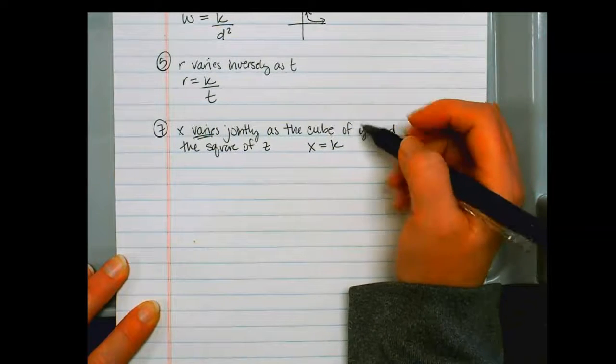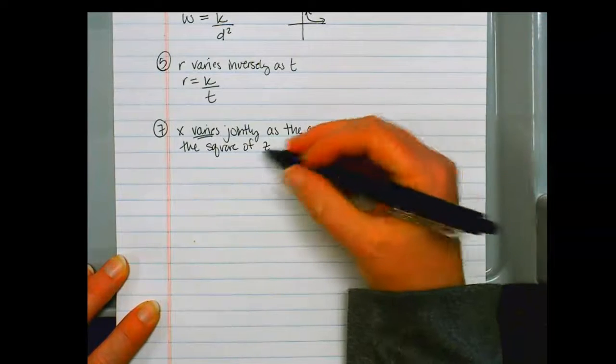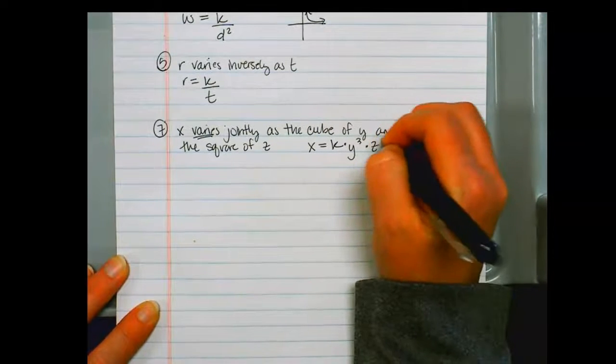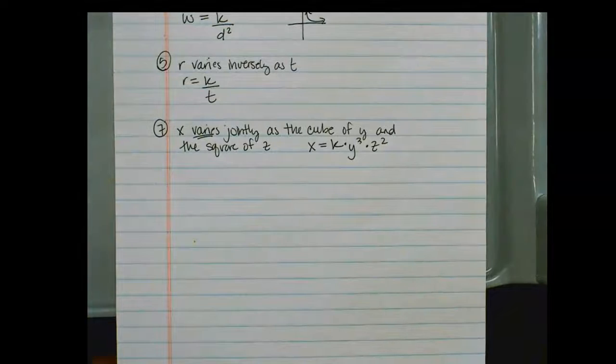The cube of y, so this means times y cubed, and the square of z times z squared. Basically, you go through the problem and change everything into math, only putting the things that come after inversely in the denominator. So 7, x equals k times y cubed z squared.